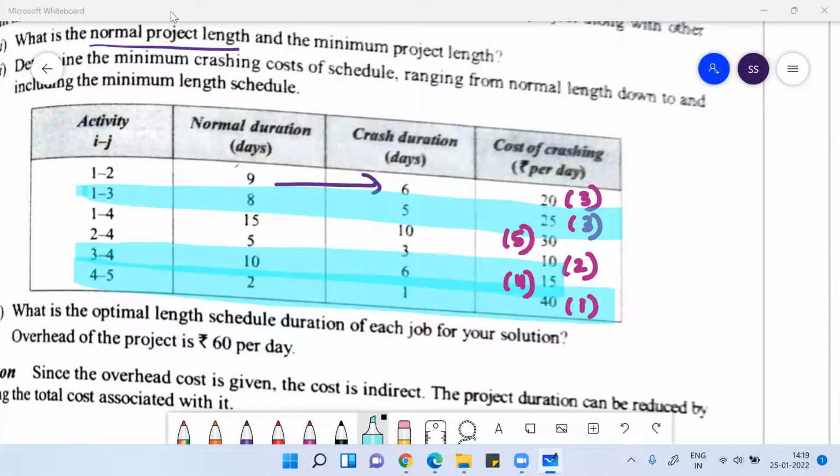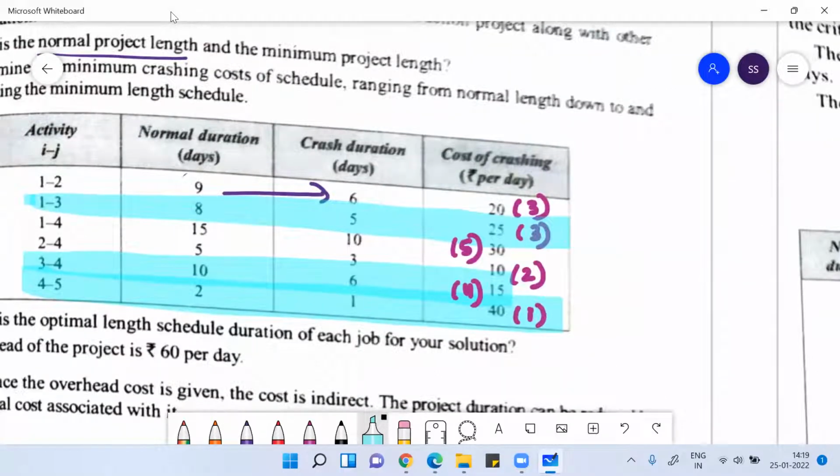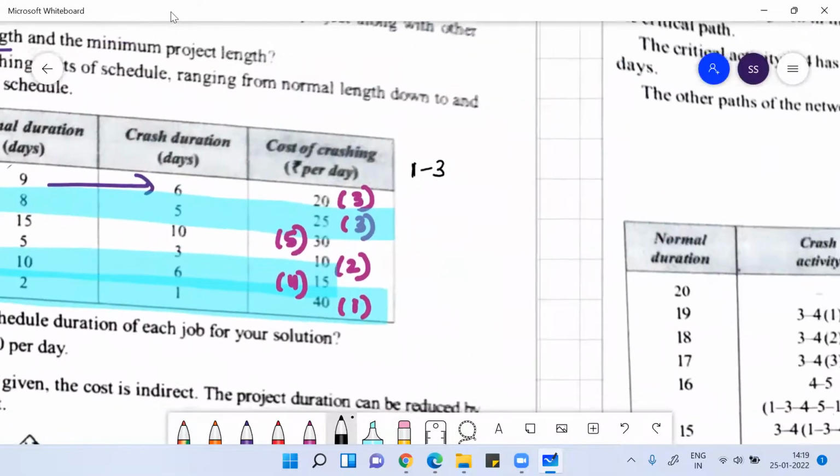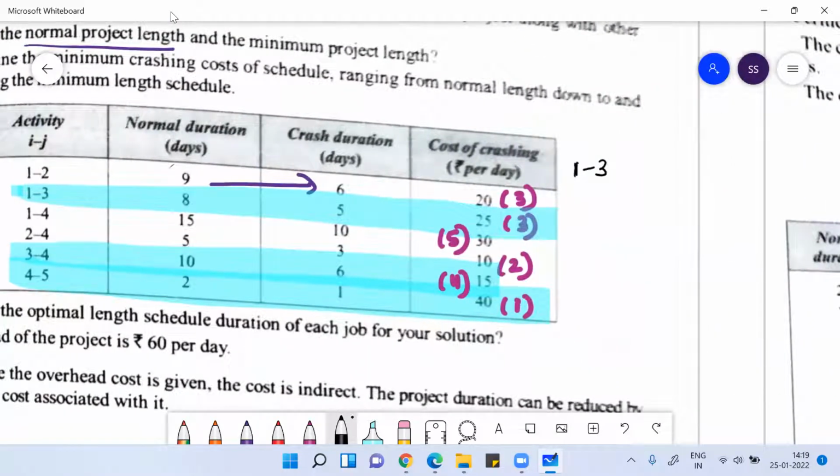Sorry, guys, what I was telling you was about the critical duration, right? Your critical path is 1 to 3, 3 to 4, 4 to 5. That is your critical duration, right?